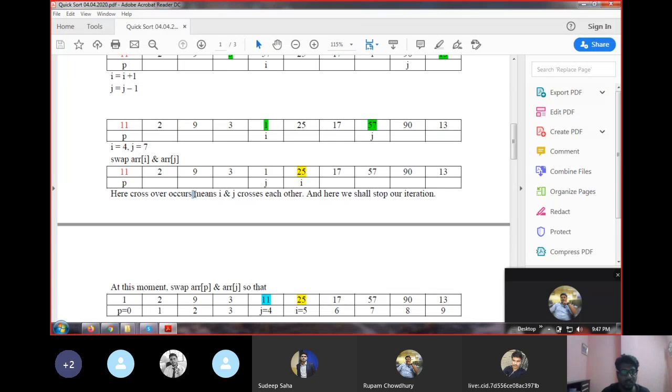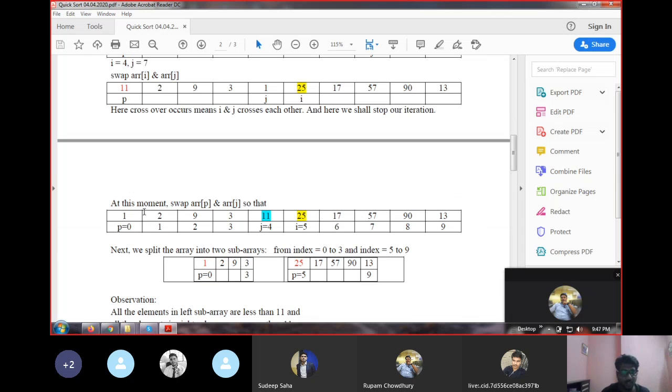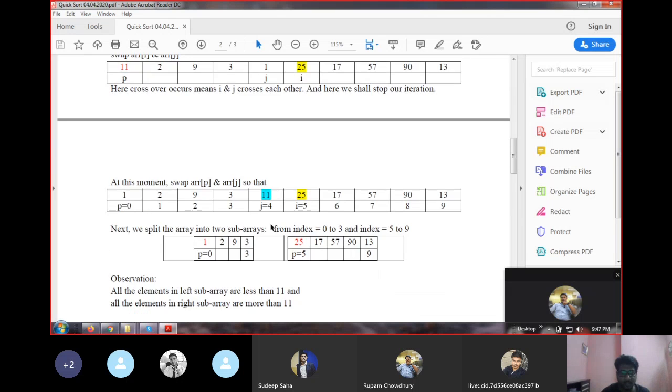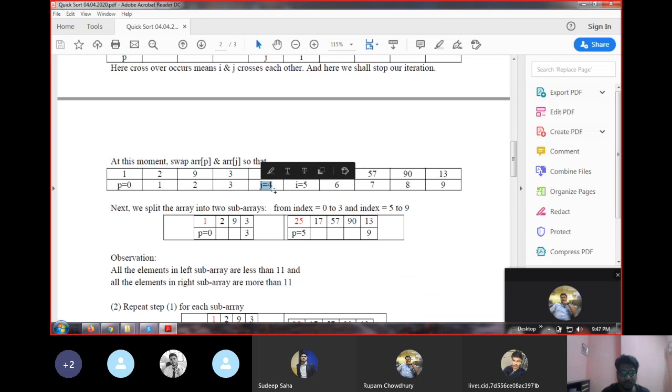Here i and j cross each other, and we stop our iteration. At this moment we swap the pivot element with the element where the crossover occurs. So the position j equal to 4 is the actual position of 11 in the sorted array.